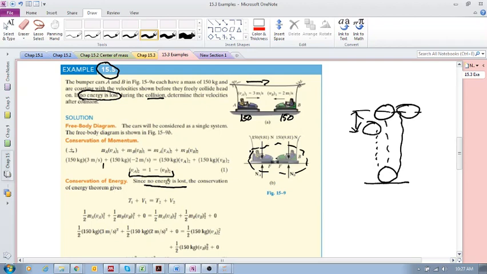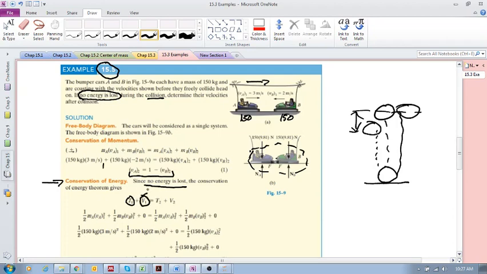So if no energy is lost, we can use the principle of conservation of energy. Remember, when we're talking about conservation of energy, we're looking at the kinetic energy plus potential energy.